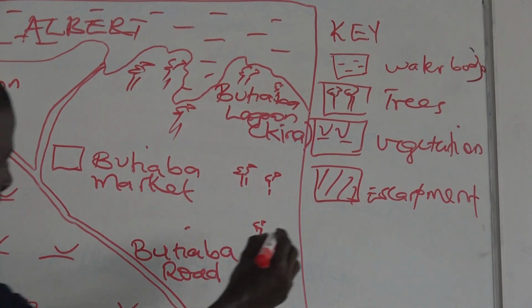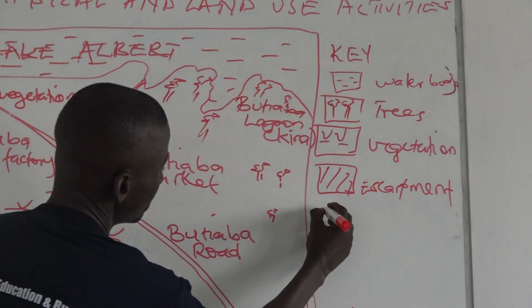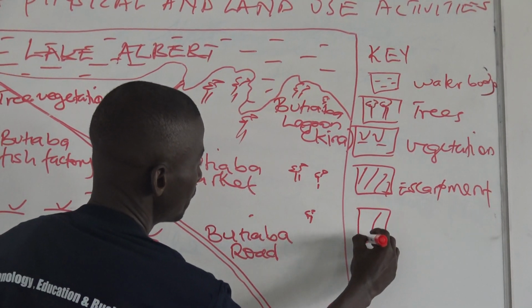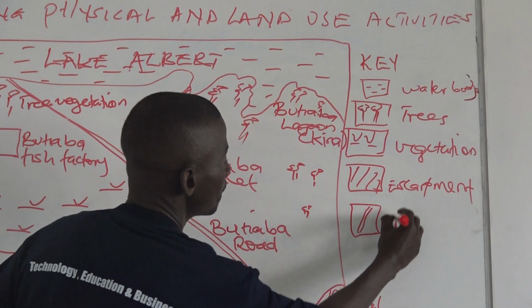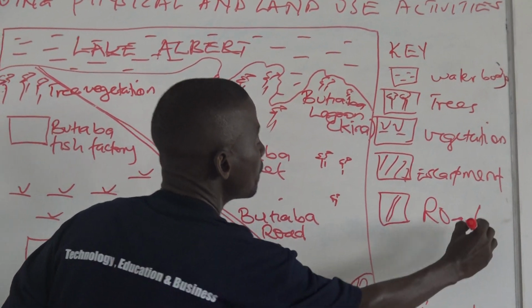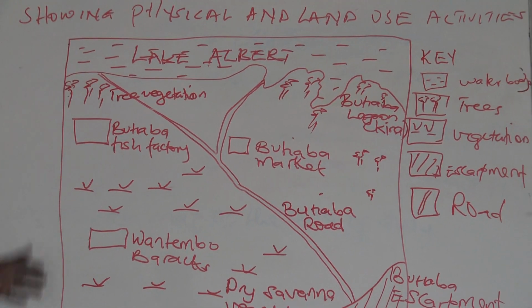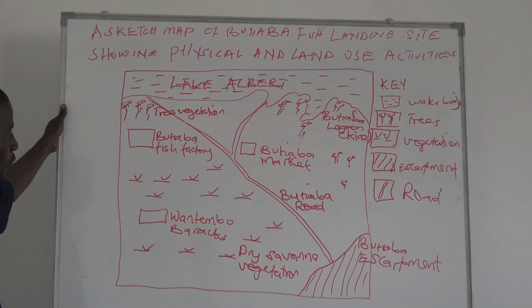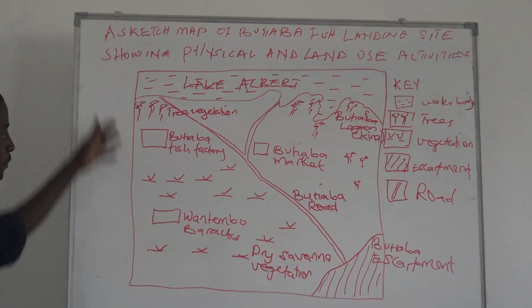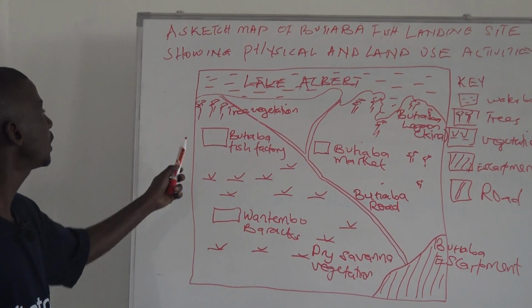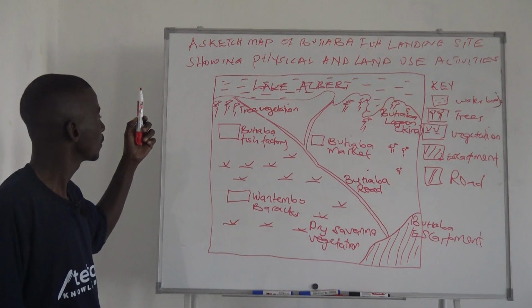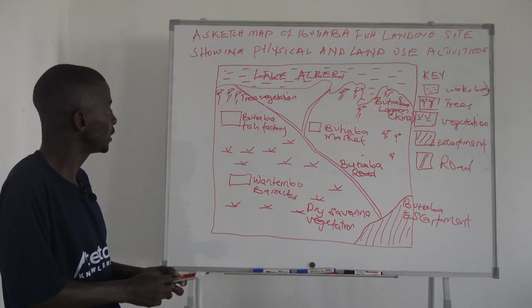The road, and many other things that maybe you have not included. So, any sketch map should be like that, should have those 3 items.